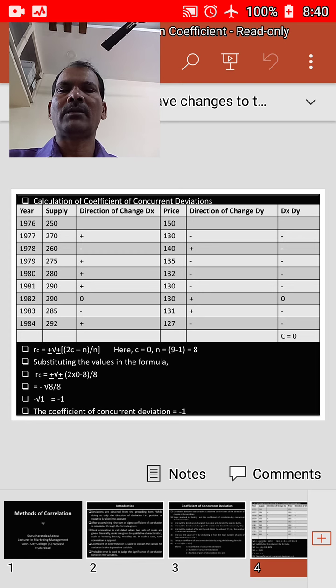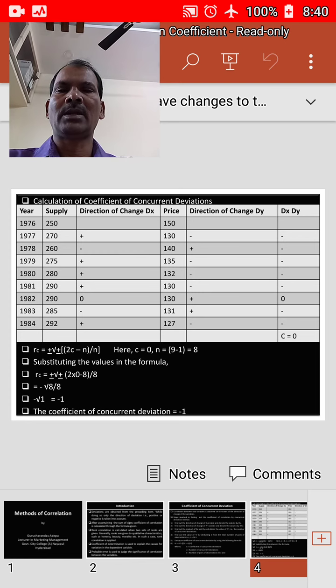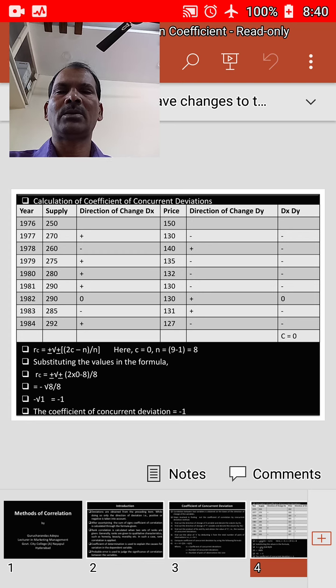When you compare with the preceding year, there is an increase, hence we need to put the positive sign. In the year 1978, 260, when you compare with the preceding year, 270 to 260, it has decreased, so you need to put a minus sign.